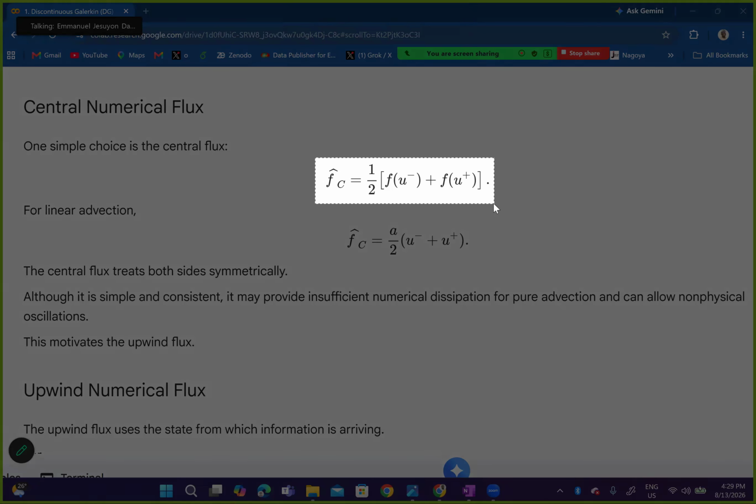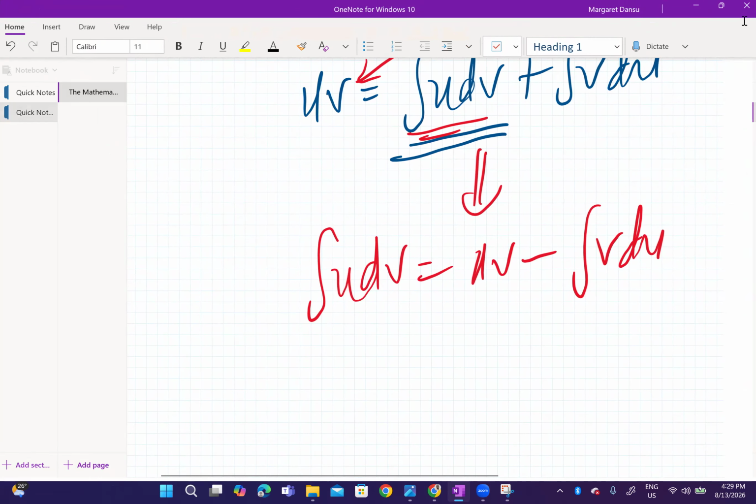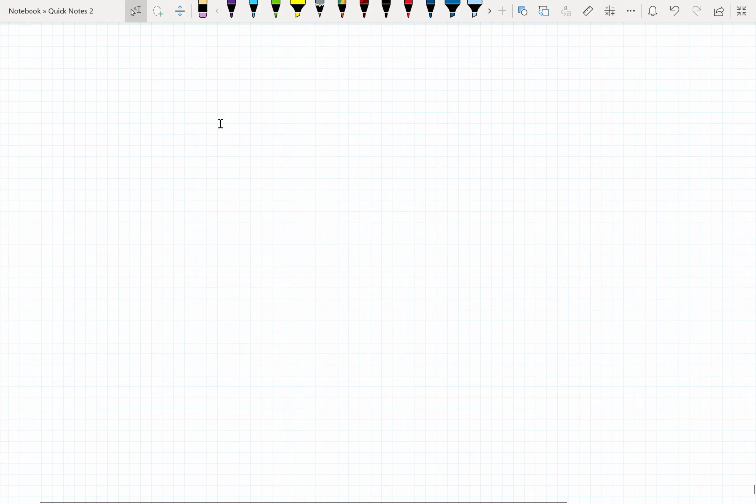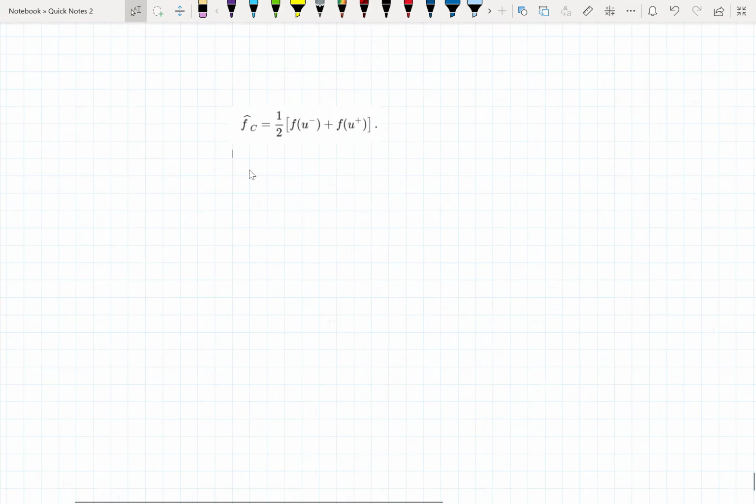So look at this expression here. We snip that, then I copy it, and take it to our page here. If I paste this here now, we can work with this.